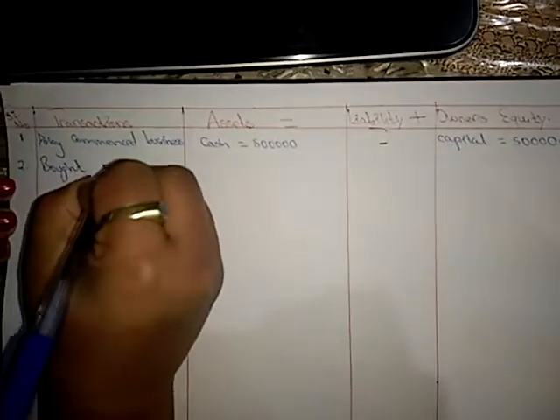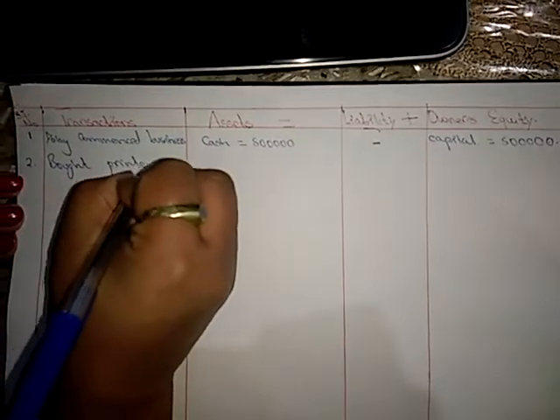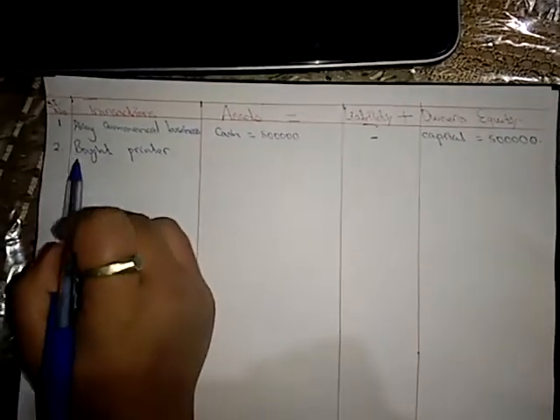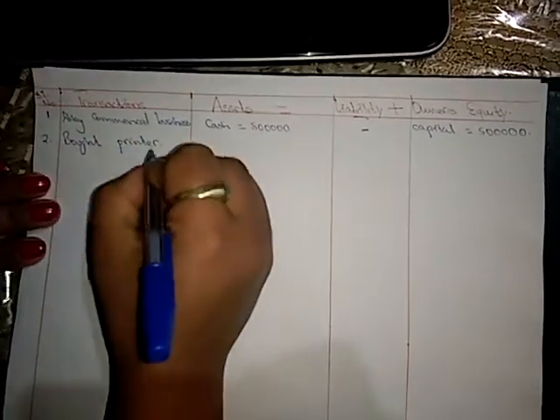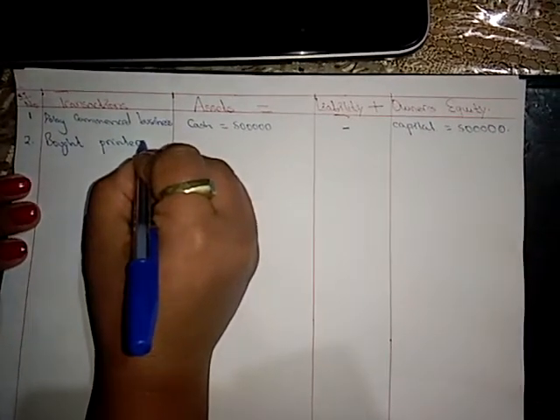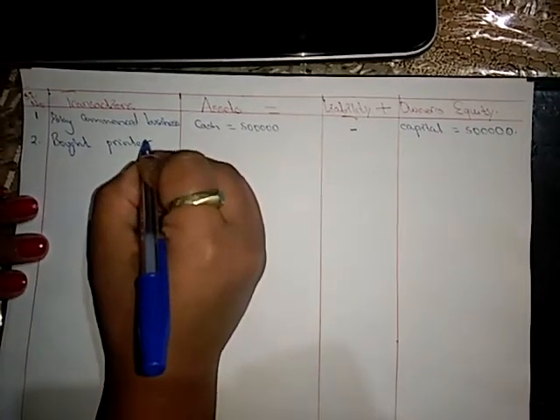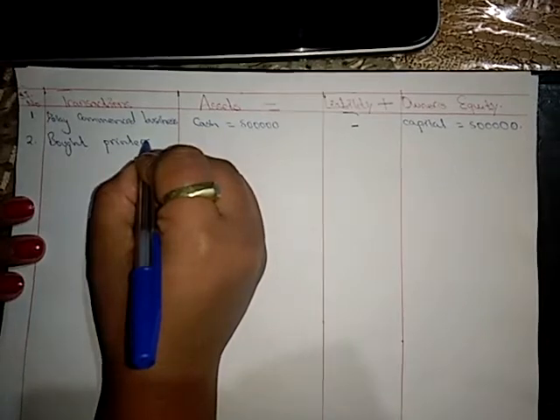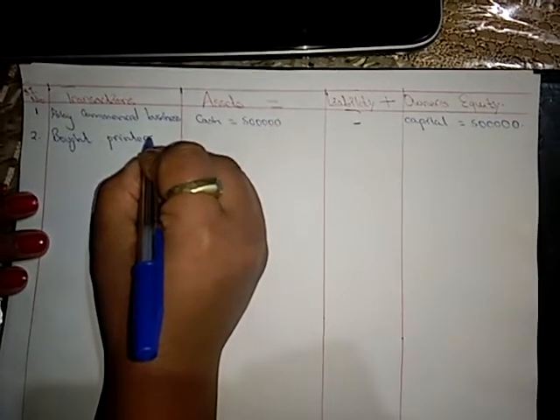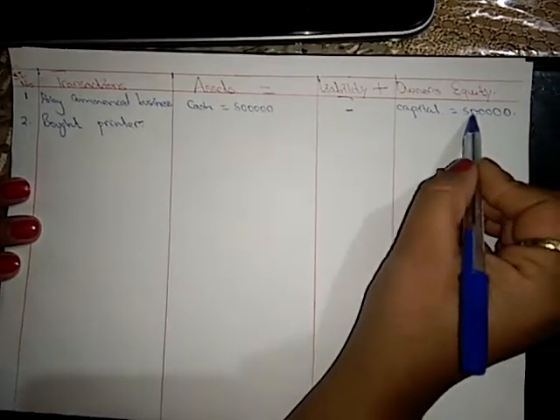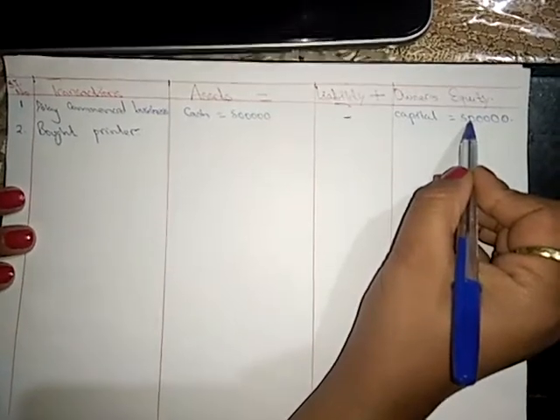So you have to write number 2, bought printer. See, bought printer. Here the printer is an asset for the business. When Dole buys a printer for the business, he uses the money from the business.